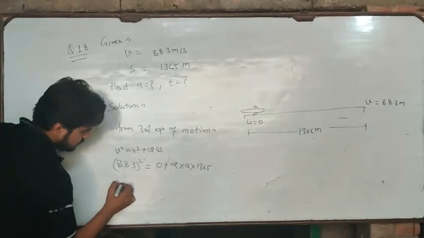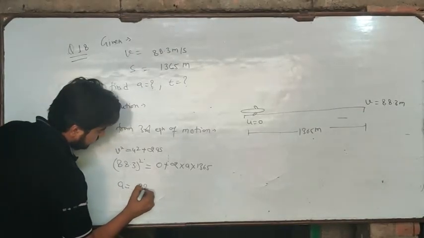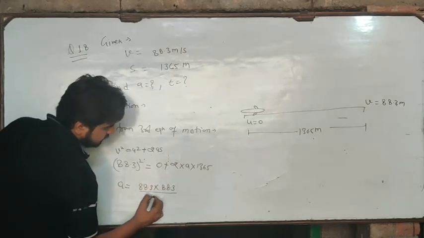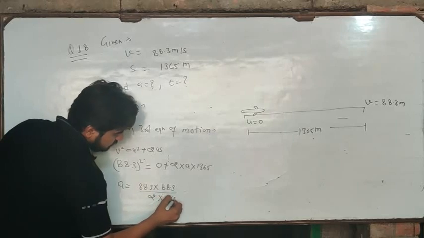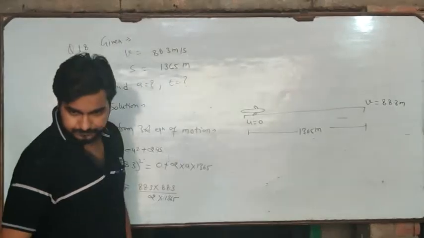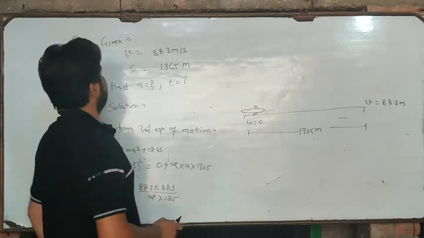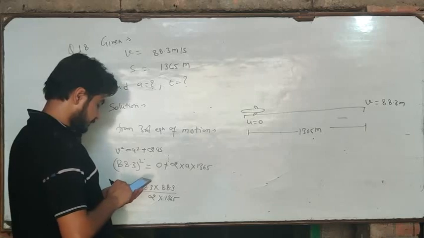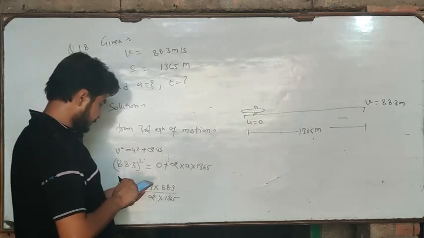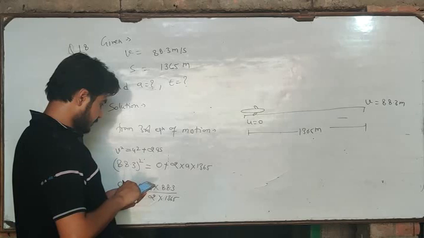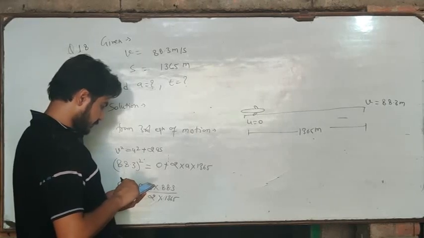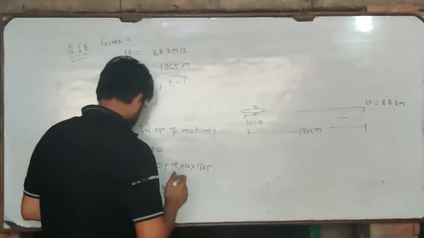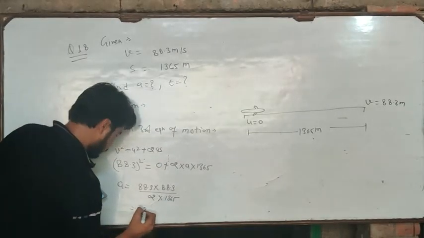So a is equal to 88.3 into 88.3 divided by 2 into 1365. We will solve it. 88.3 into 88.3 divided by 2 divided by 1365. The value is a equal to 2.85.